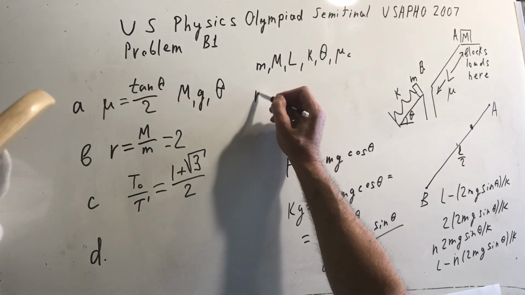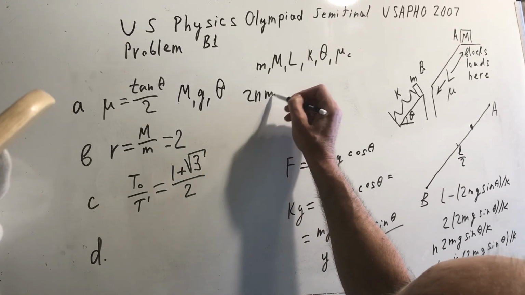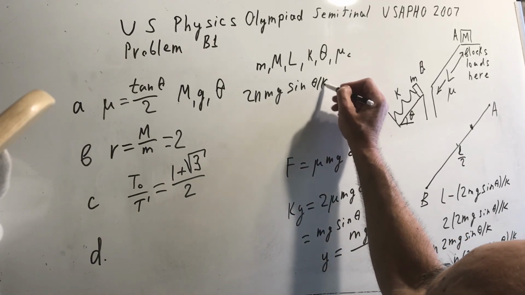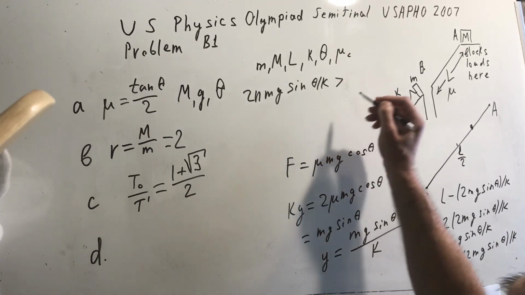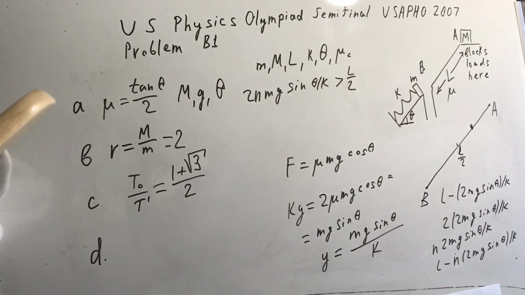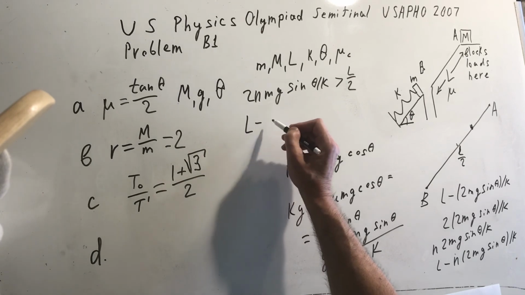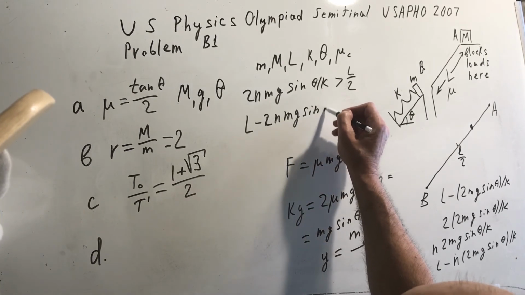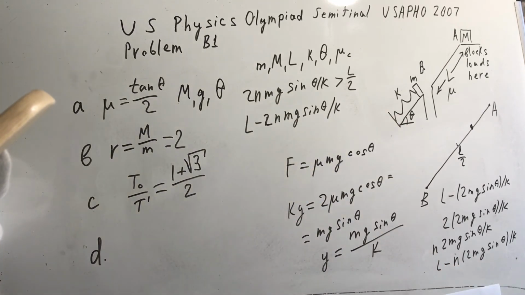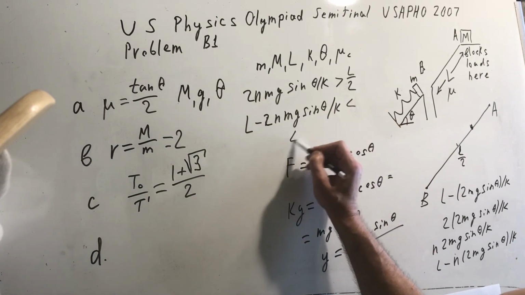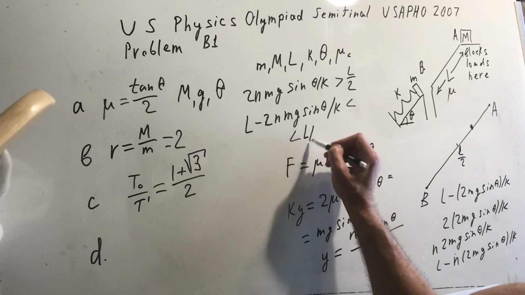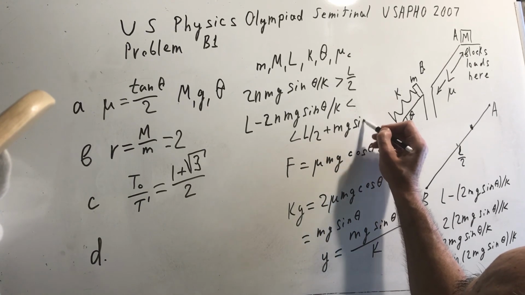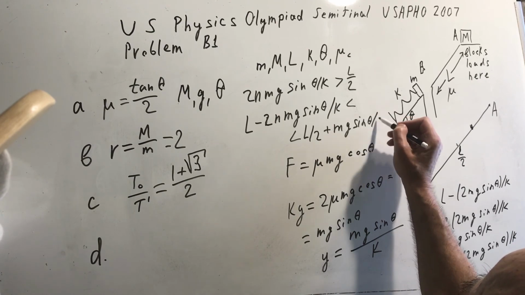The first condition is n times 2 mg sine theta over k must be greater than L over 2, and the second condition is L minus n times 2 mg sine theta over k must be less than L over 2 plus mg sine theta over k.